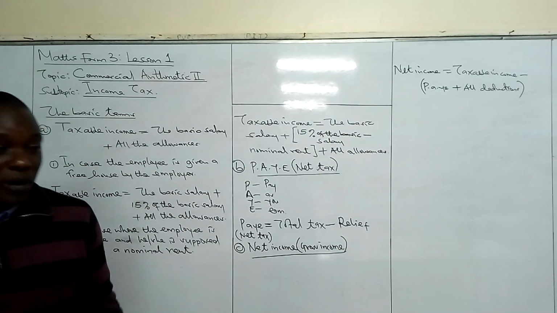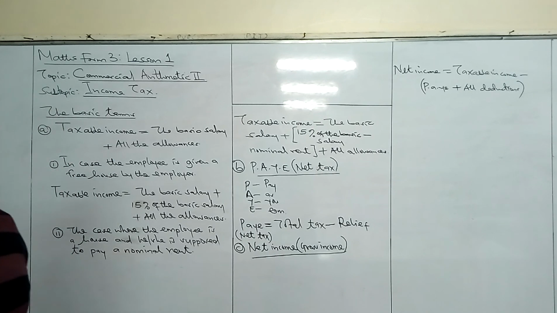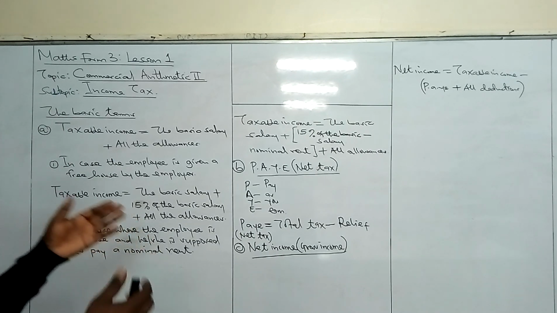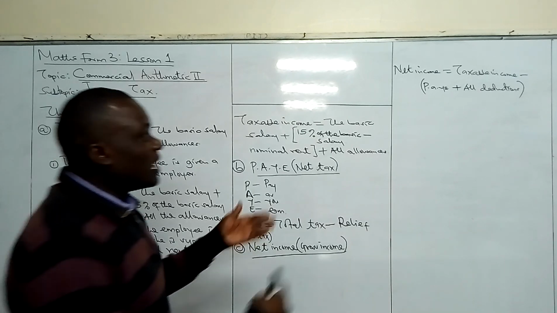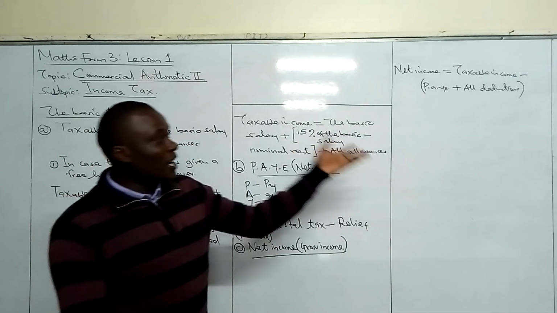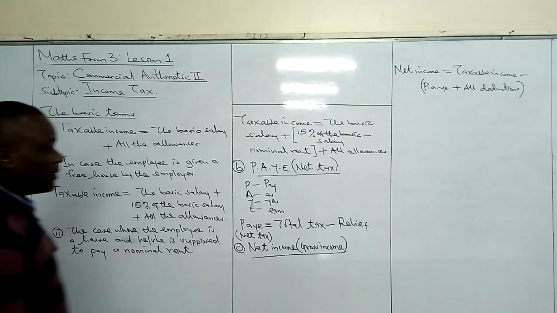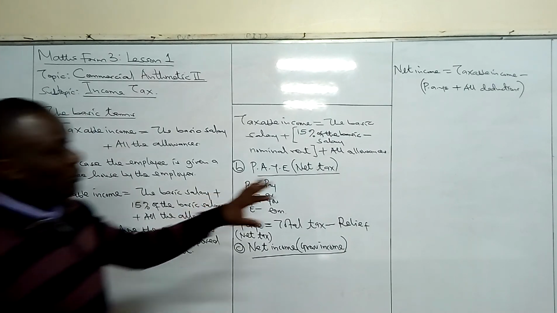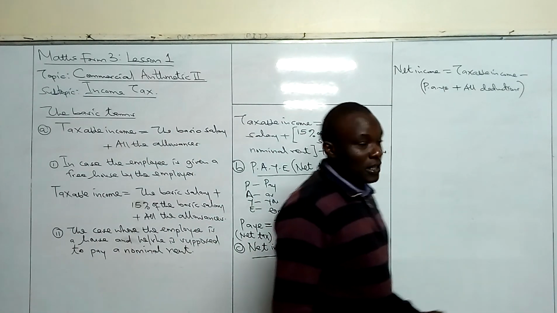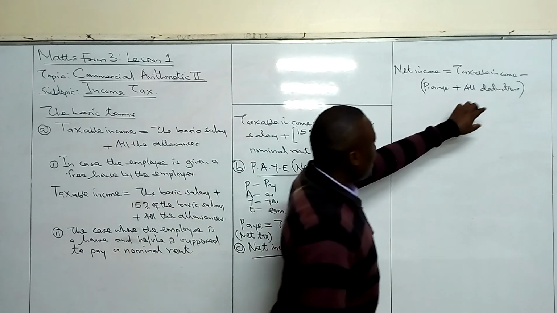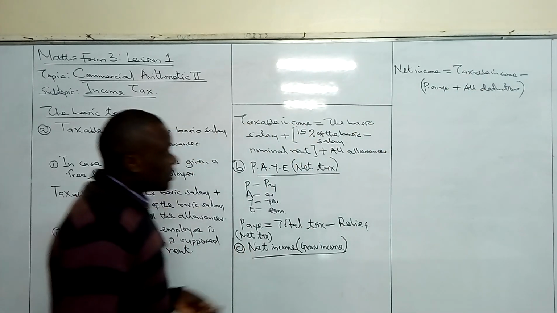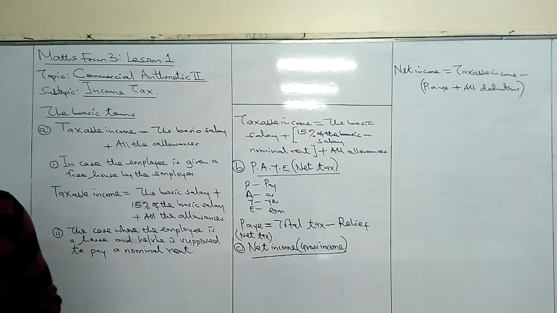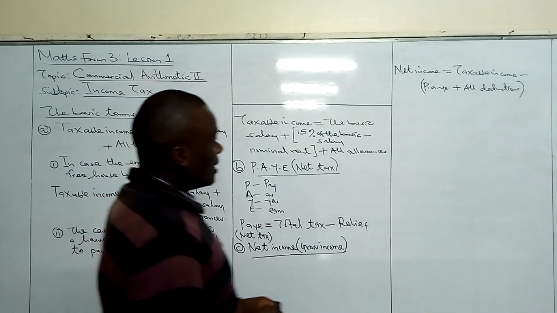This is the amount of money the employee will pocket after paying the tax and then paying other deductions. For example, in Jamaica, it can be a loan. So those are what we call deductions. So once you add all the deductions and PAYE, now you remove them from taxable income. You will obtain the net income.